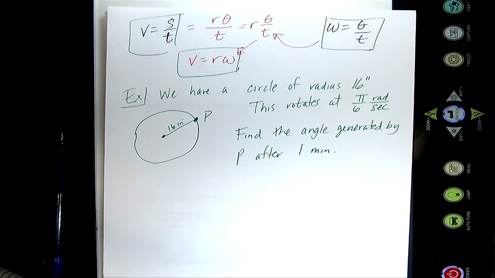So which equation do I need here? I'm going to ask some more follow-up questions for this, but this first question: why omega equals theta over t? Because the first thing we have to find is the angle.